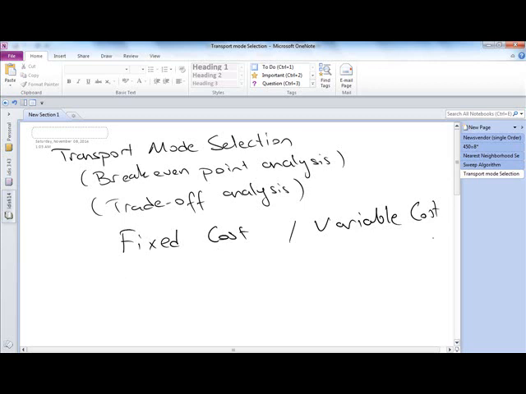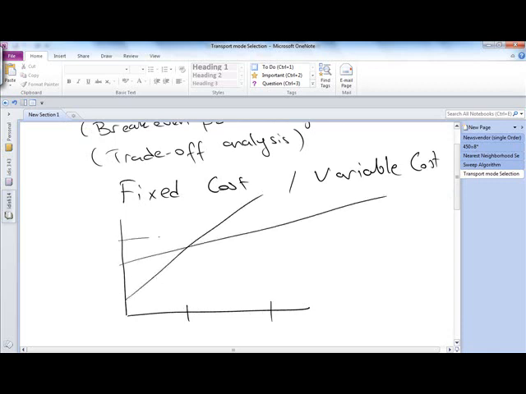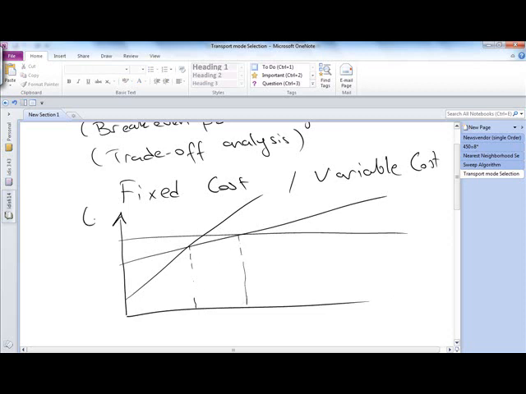The idea is you have multiple alternatives, and you are trying to find some ranges where each of these alternatives makes sense. I'm just going to draw a couple of lines here, and of course these didn't match the drawing, so I'm going to adjust it. This is cost on the y-axis, and the x-axis is quantity.